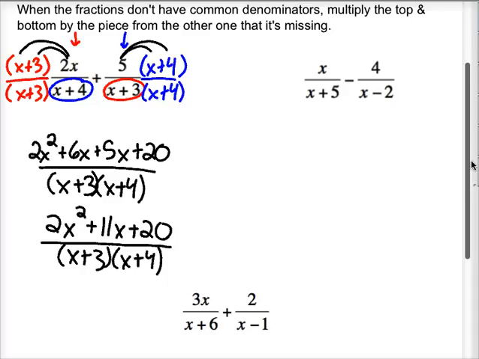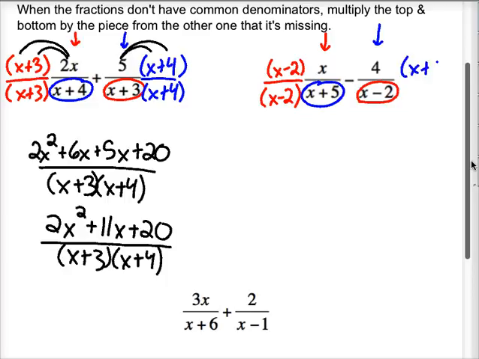So let's do that same process. So notice this first fraction right here, it is missing the x minus 2 that fraction has. So I'm going to multiply top and bottom by the x minus 2 that it's missing. Notice this fraction over here is missing that x plus 5.